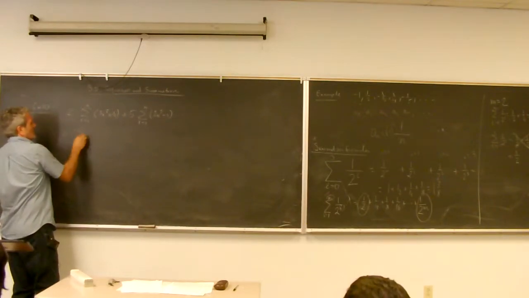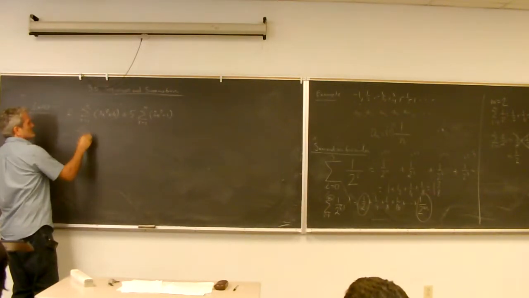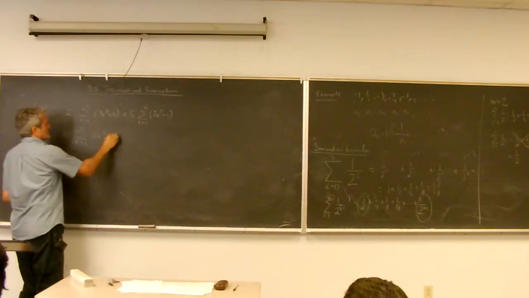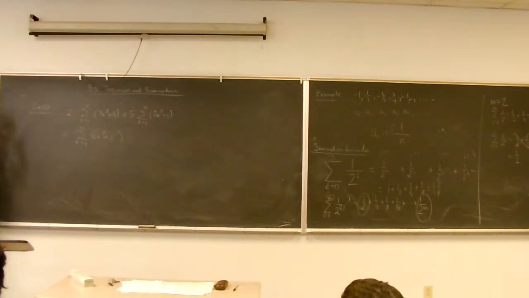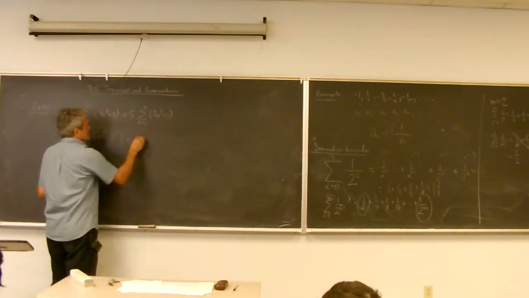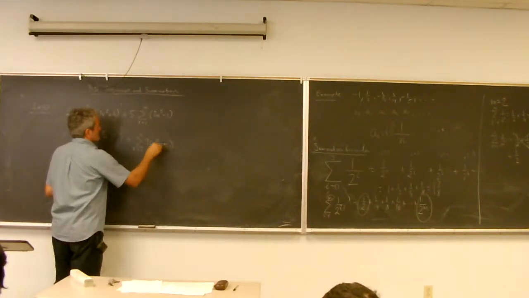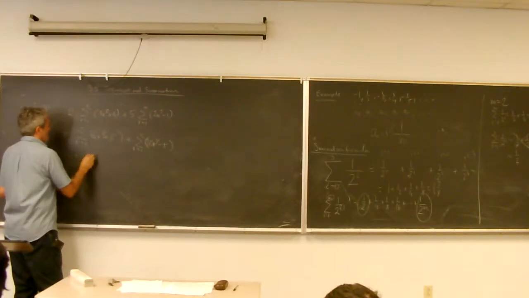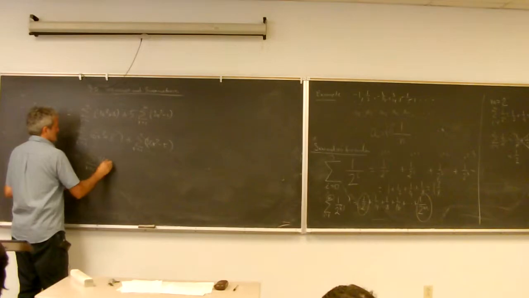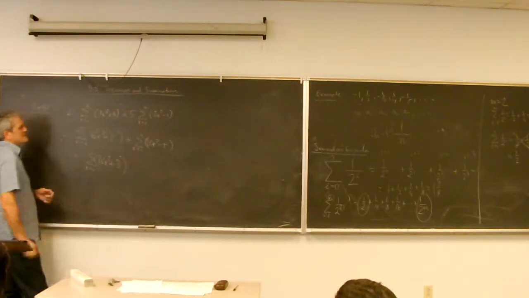Then what do I do? I distribute inside. k goes 1 to n, 6k squared plus 8. And the second one says sum, k goes 1 to n, 10k squared minus 5. And this would be the sum, k equals 1 to n, 16k squared plus 3. Here it is.